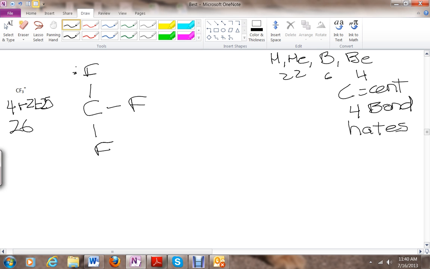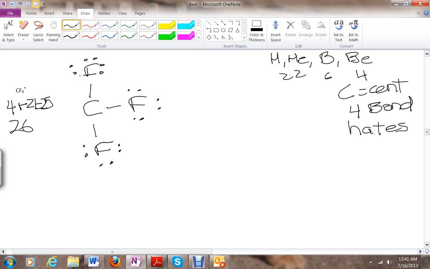So we start with our terminal atoms, placing the lone pairs by pairs, of course. So we got the octet. 1, 2, 3, 4. Let's check. We got 3 multiplied by 7 is 21 plus 6, okay, it would be 27.